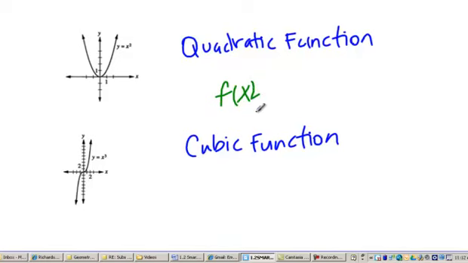Everyone should know the shape the quadratic function makes, and its vertex is at 0, 0.